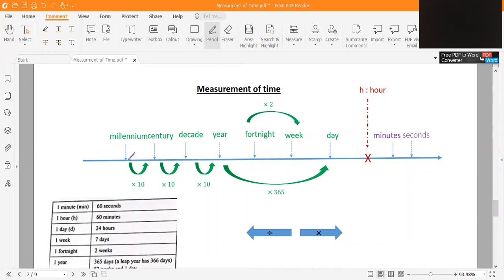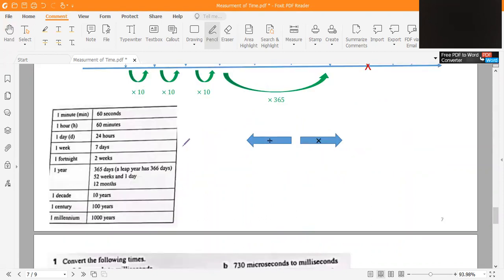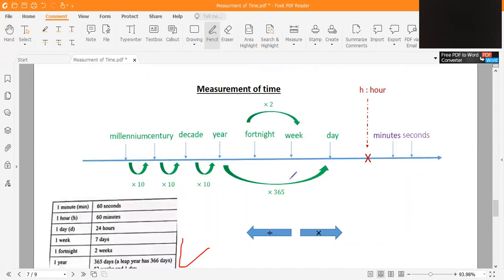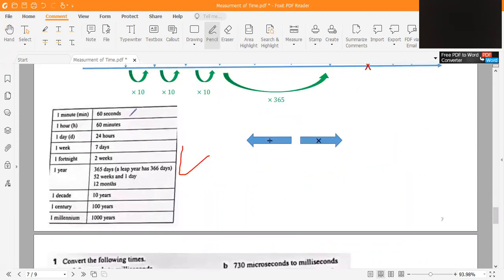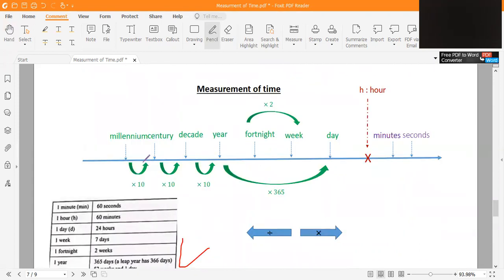Millennium is equal to 10 centuries, 1 century is 10 decades, and 1 decade is equal to 10 years, like we have in the table here. From millennium to year, we multiply by 10, by 10, by 10, so it is equal to 1,000 years. Century is equal to 100 years, and the decade is equal to 10 years.